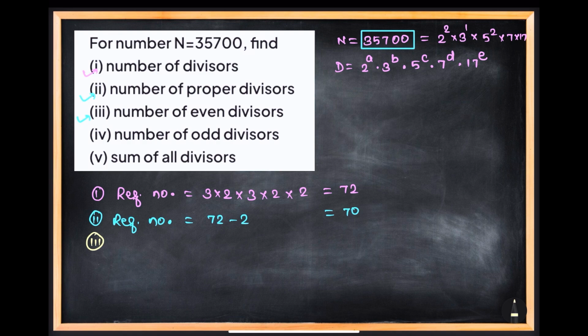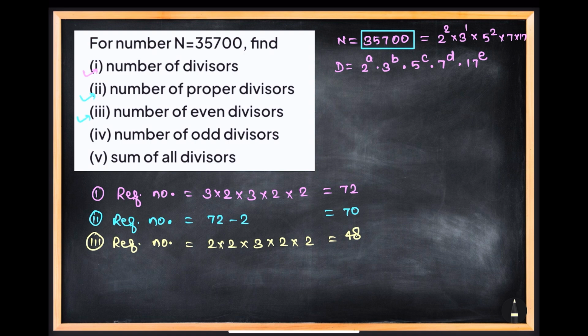Can A take 1? Yes. Can A take 2? Yes. So the required number: A can take 2 values, B 0 and 1, C 0, 1, 2, D 0 and 1, E 0 and 1. So it is 48.